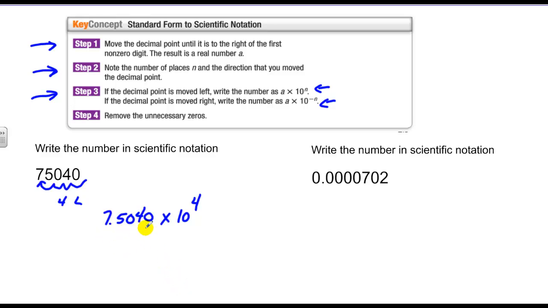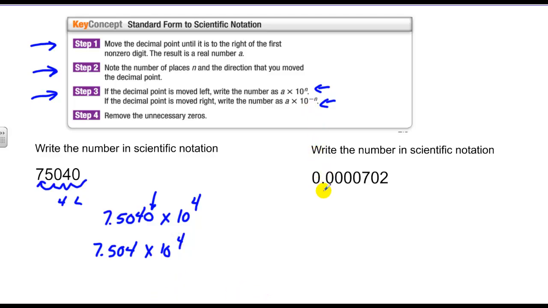And you notice that this 0 right here really has no meaning in the number. Since I have no actual value in that spot, I can remove it. So my number is just going to be 7.504 times 10 to the fourth.